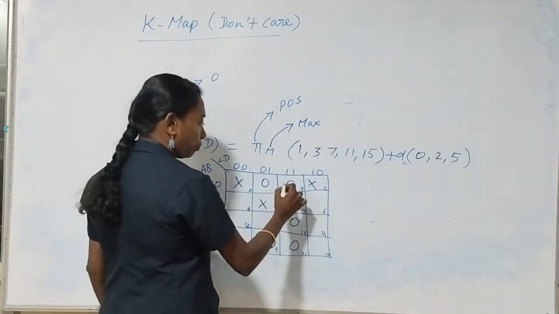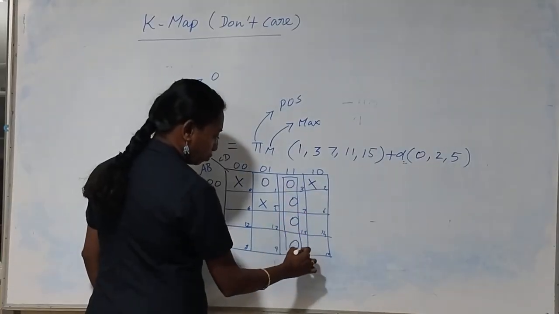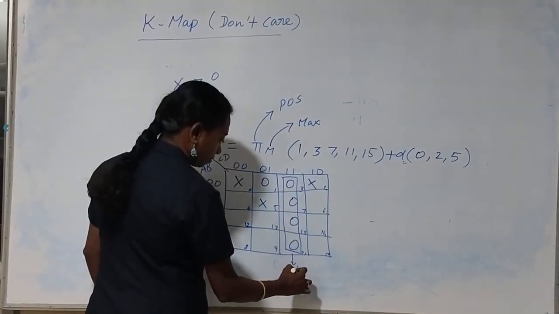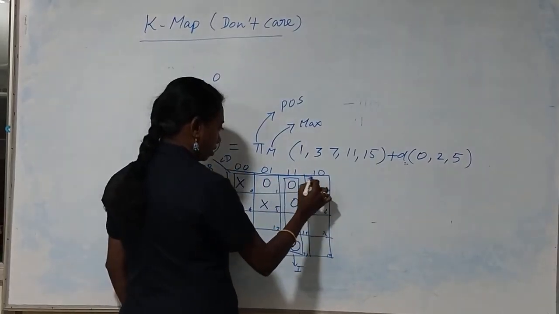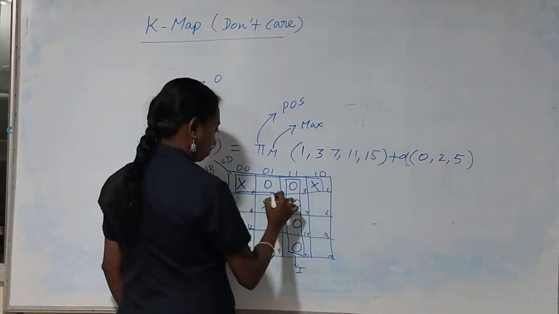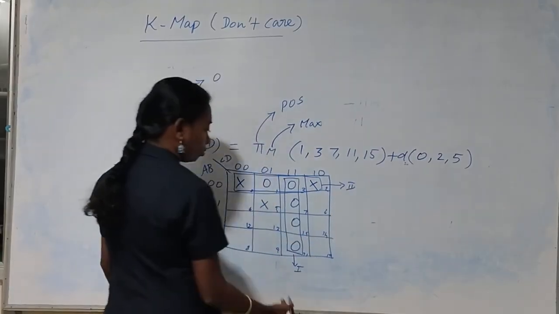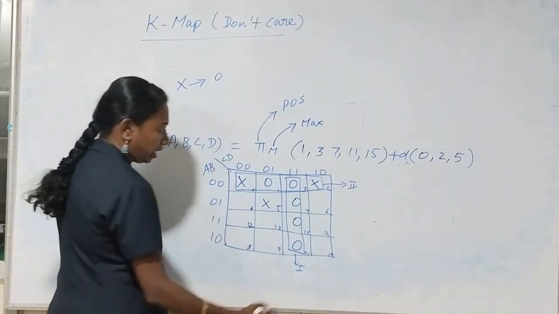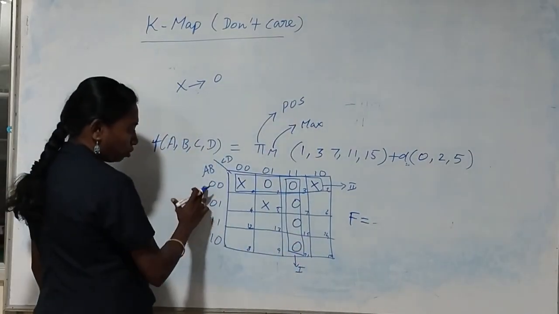Okay. So now I am going to group this. So this will be my first group, and this will be my second group. Okay. So for this, the expression will be F is equal to, I have made a combination of all these.